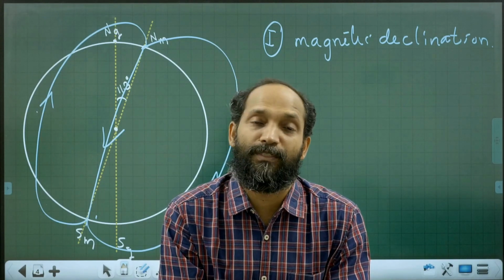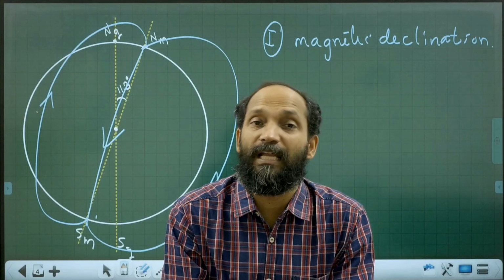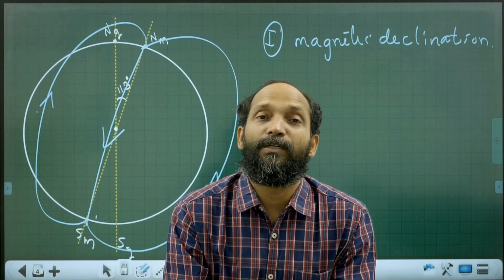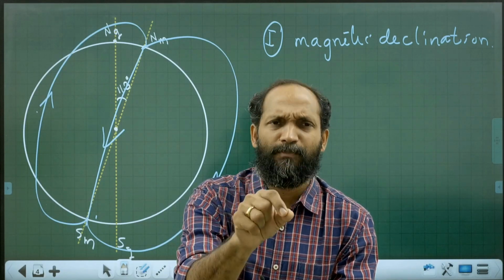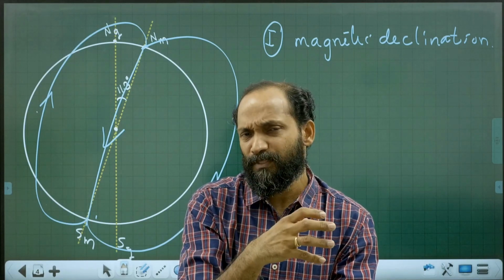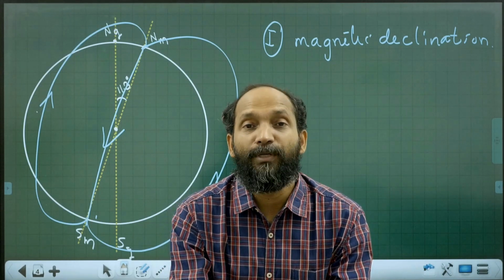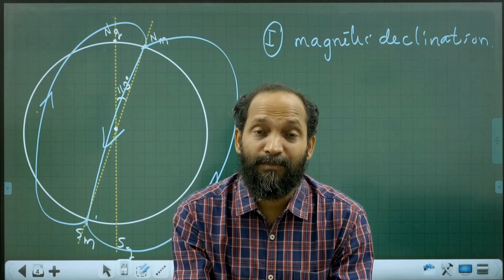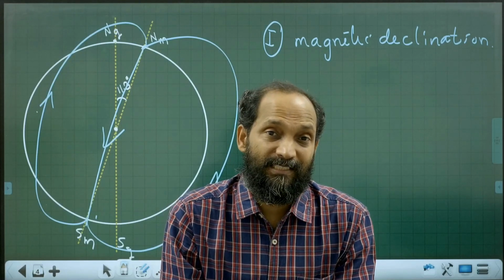Those places are like this: if you look towards the geographic pole from some particular point on the surface of Earth, you can see the magnetic pole just behind it without any parallax.